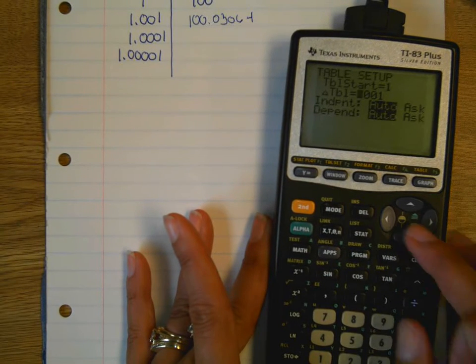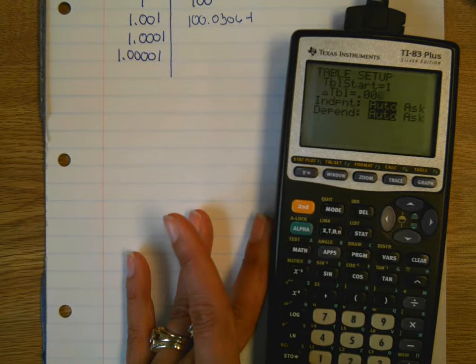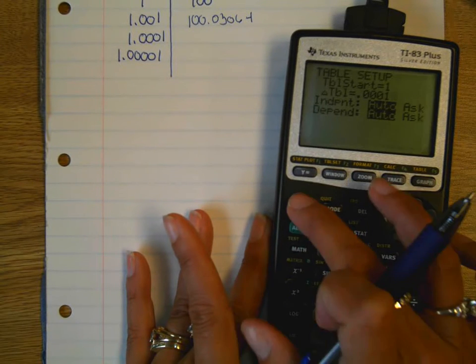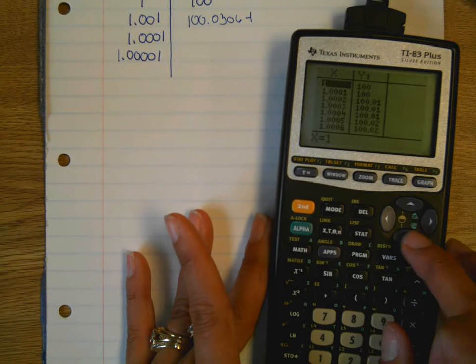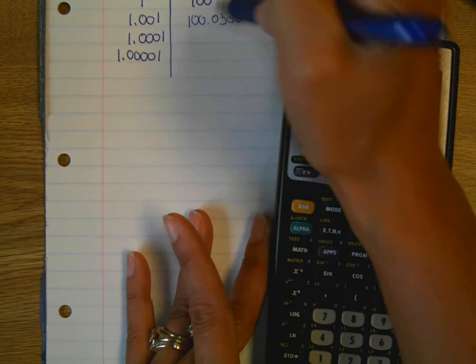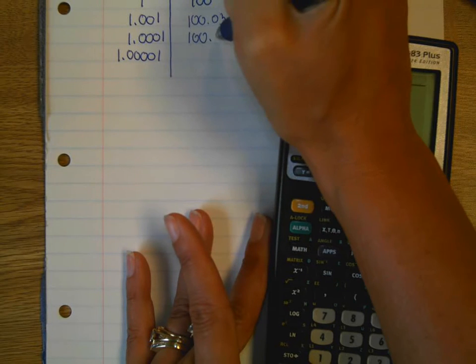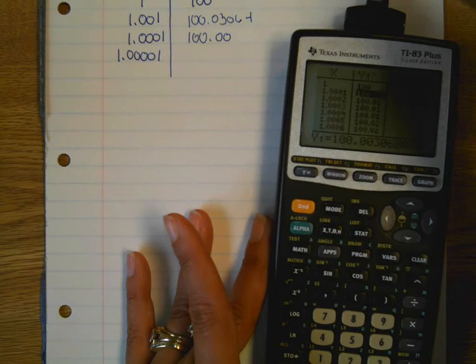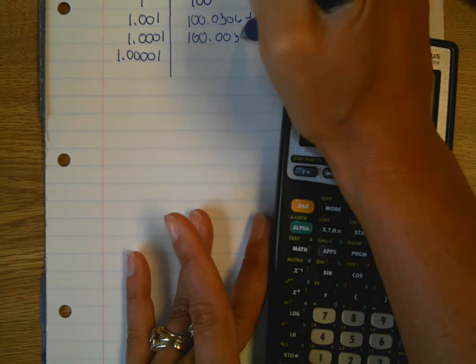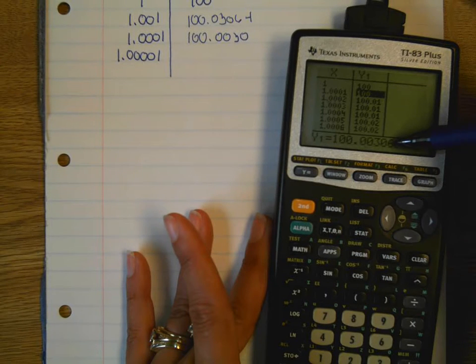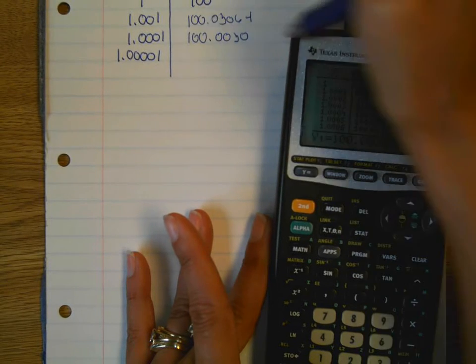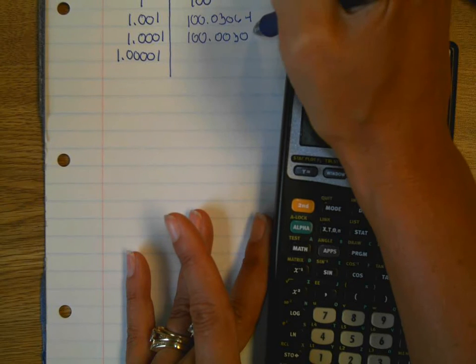Doing the next one, changing that to 0.0001. 100.0030, 6.8 there.